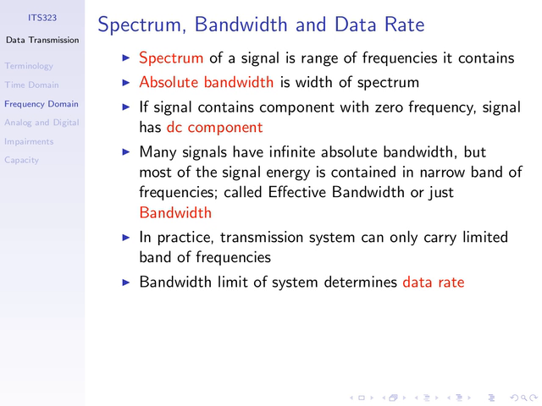The next thing that we're interested in is the absolute bandwidth of a signal. That is the range of frequencies that it occupies, starting from the minimum frequency component up to the maximum. So in this example, the absolute bandwidth of S1 is what? 200 Hertz.